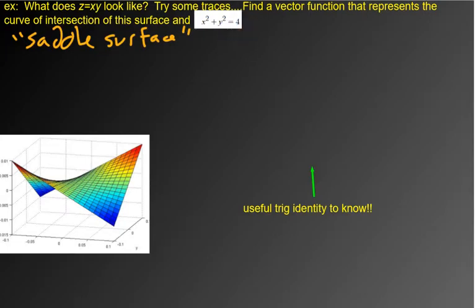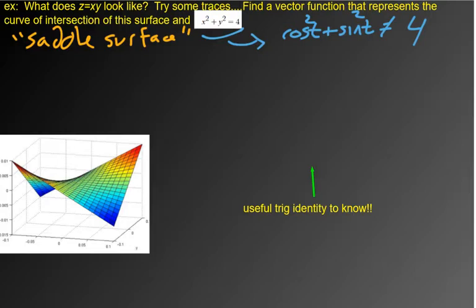So the parametric that is going to represent the curve of intersection has to satisfy this equation. You can't just take cos t and sine t now, because cos squared plus sine squared doesn't equal 4. So you can't take x as cos and y as sine, because this would be like 1 equals 4.